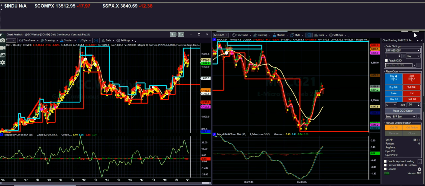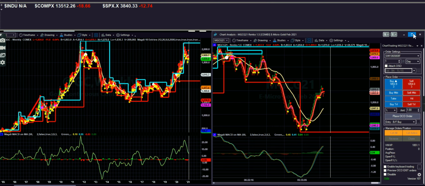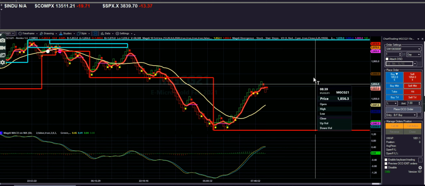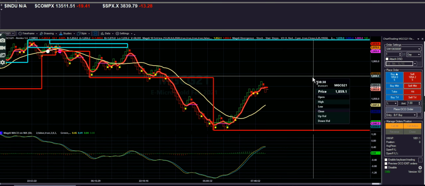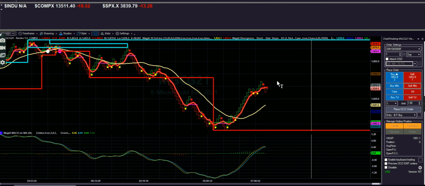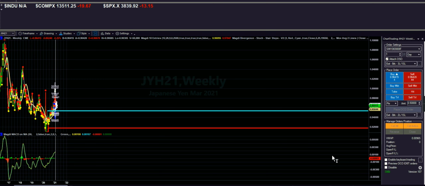So let's go for the trading today, day trading, not a long short. Right here, you have support resistance in this area. It may go down a little bit and then go back up. We'll see what happens. And then we have the Japanese yen. I'm going to check that for you.